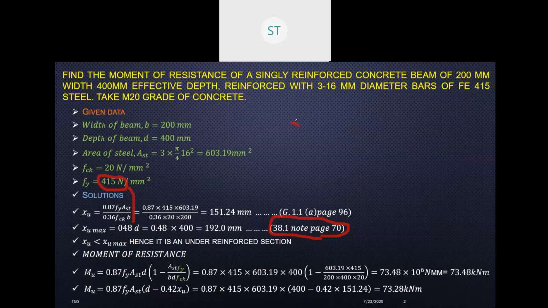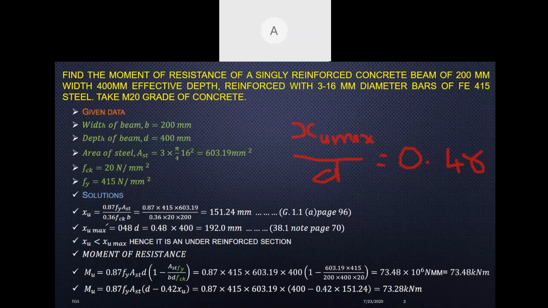xu max by d is equal to 0.48. It's given in page 70.